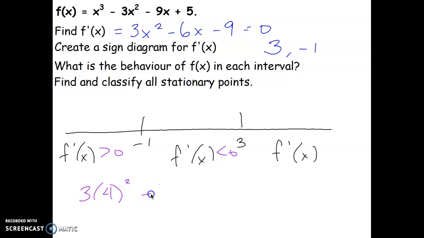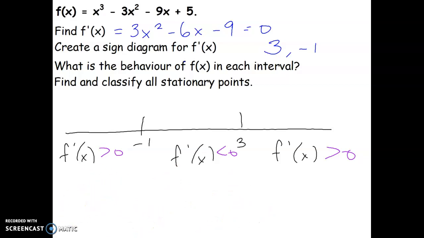And I'm going to substitute that in place of all my x's. So 4 squared is 16. 16 times 3 is 48. Negative 6 times 4, negative 24, minus 9. Well, I know that's going to work out to be greater than 0. 24 minus 9 is going to be bigger than 0. So again, that's going to work out to be positive. So in this case, it did work out to be positive, negative, positive.